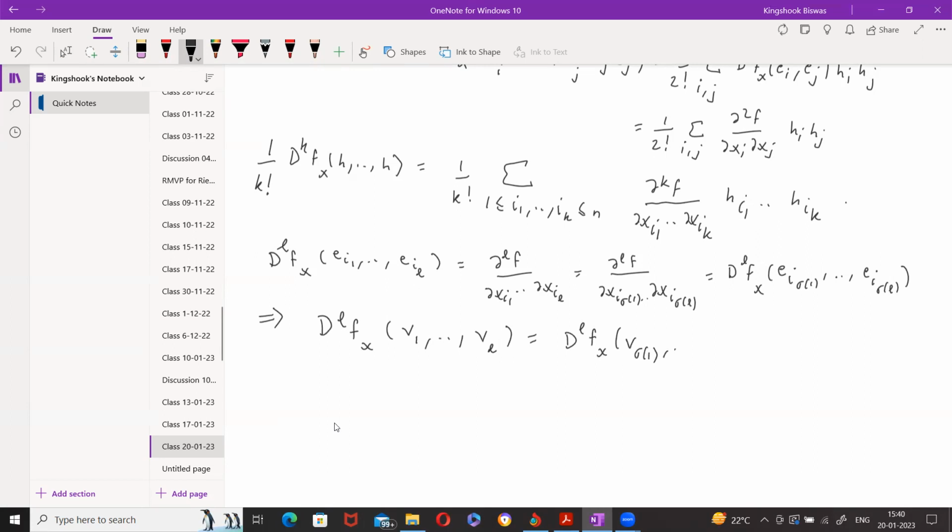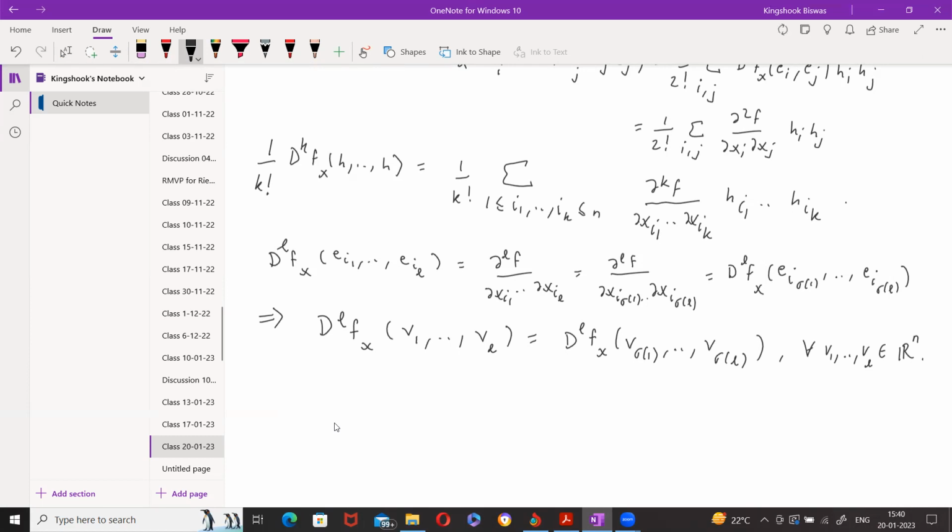So applied to vectors v1 to vL is the same as applied to vectors v_sigma(1) to v_sigma(L). If this holds for all permutations of basis vectors, then it will hold for permutations of all vectors, by multilinearity. Is that okay? Yeah, it's fine.